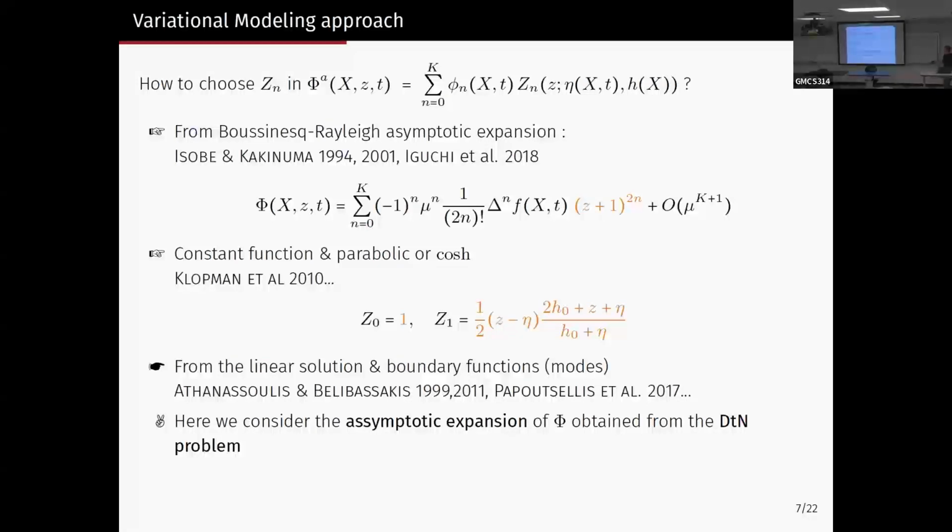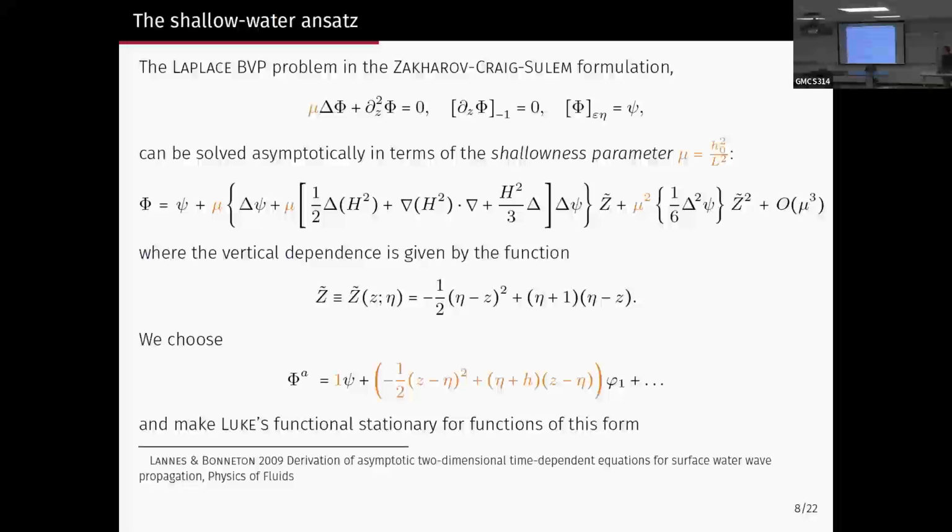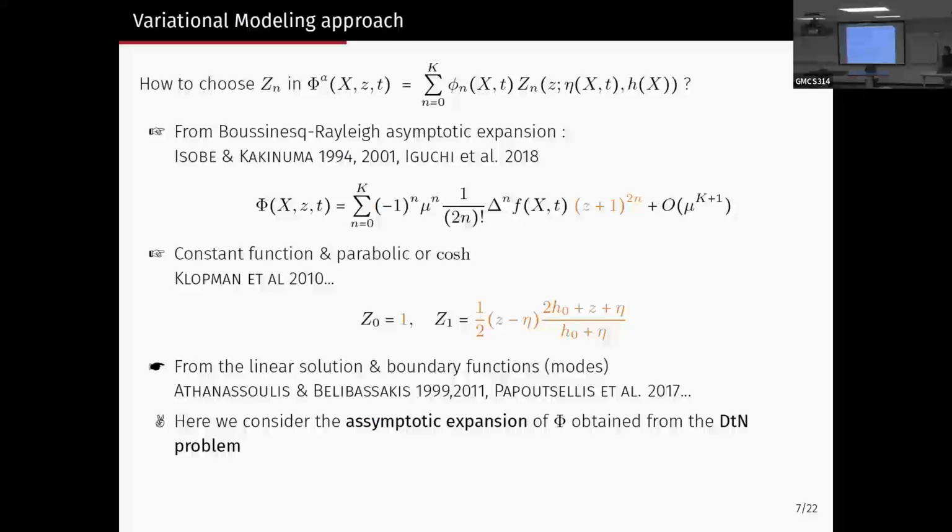Yeah. How do you choose the capital K? I mean, just like in your series expansion, the ansatz. Yeah, you have this capital K. Is it true that if you keep including more and more terms, you achieve convergence?